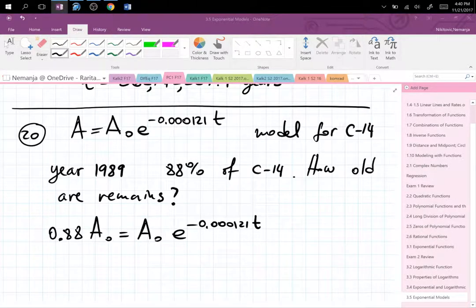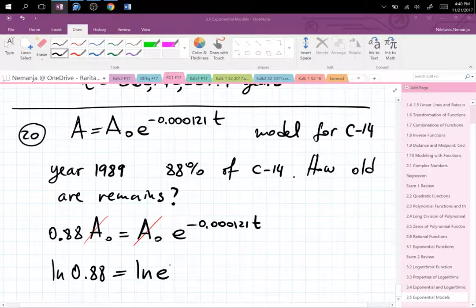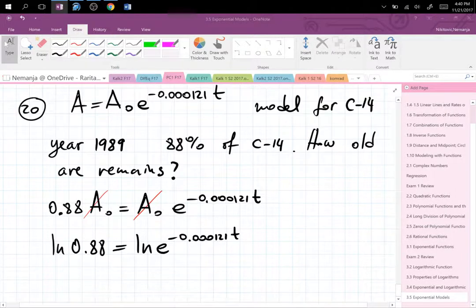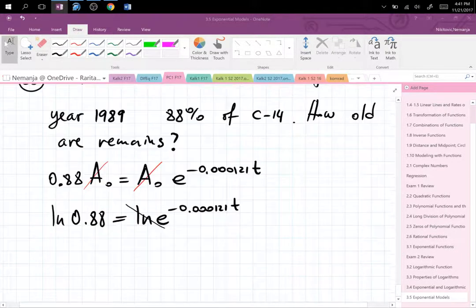So I'm replacing A with 88% of initial value, because that's what I have. Now the initial value, when you divide both sides by A0, will drop. We ln both sides. It's the same calculation over and over again. So ln e drops.